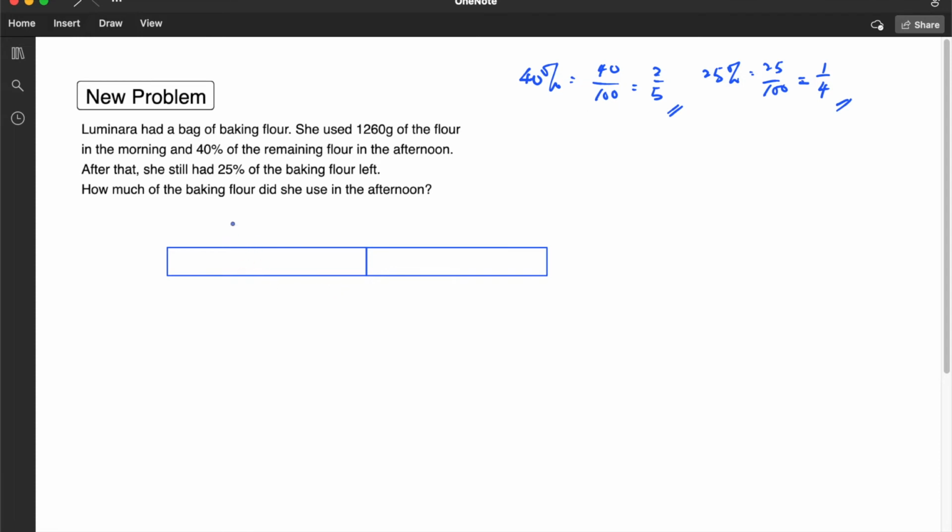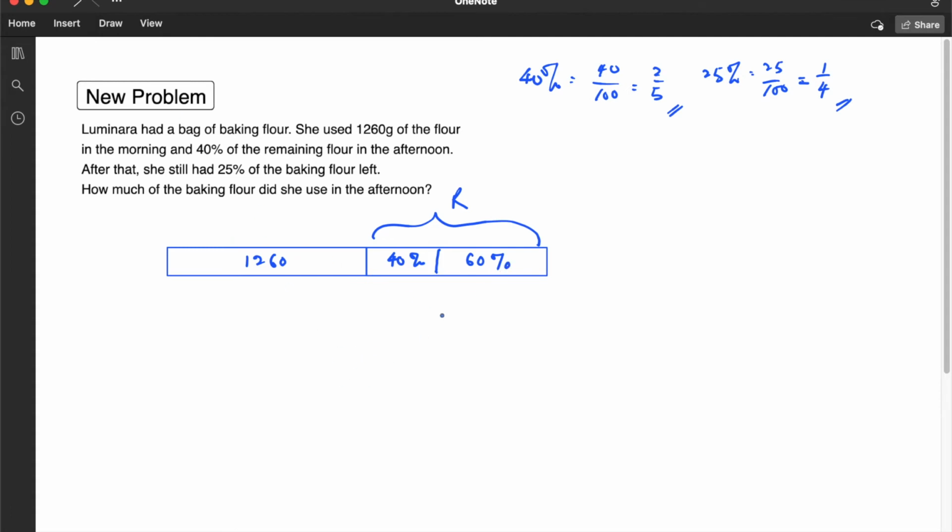So in the morning she used 1260, and then 40% of the remainder will be used in the afternoon. So we're going to divide this remainder part into 2. The afternoon is 40%, and what is left is of course 60%.